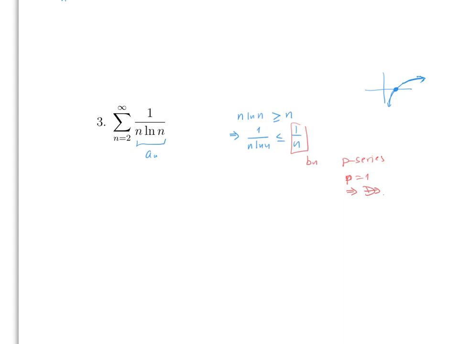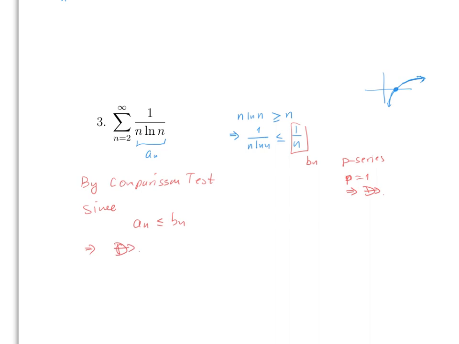Okay, so therefore, by the comparison test, since an is less than or equal to bn, and since bn is divergent, then this implies that the series is also divergent.